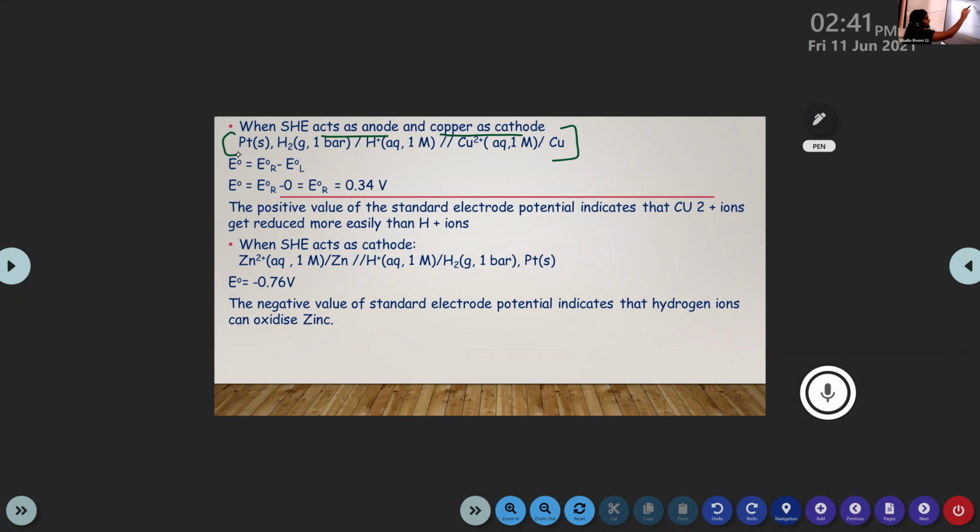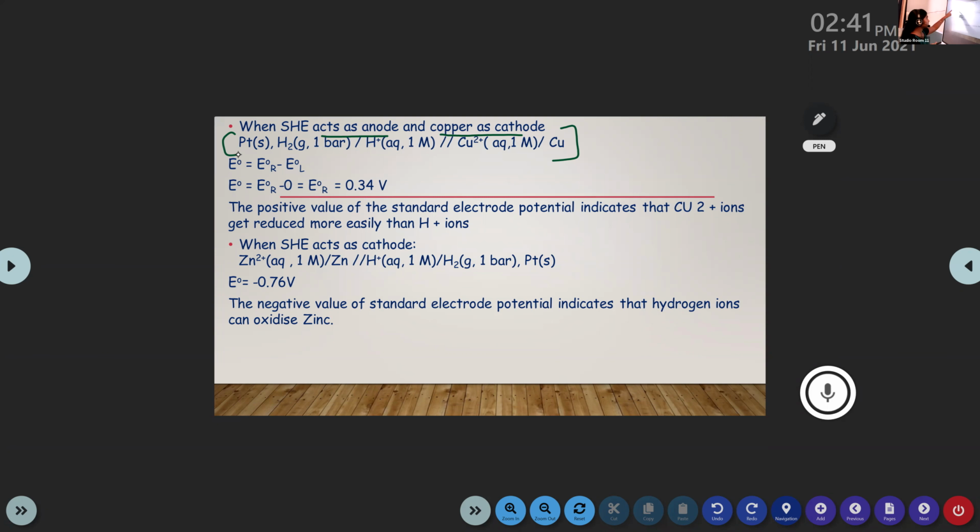Here this 1 molar is just to represent the concentration in standard form. Here it is standard hydrogen electrode, so the copper concentration is also taken in unity. So this is the representation of the electrochemical cell, where standard hydrogen electrode acts as anode and copper as cathode.